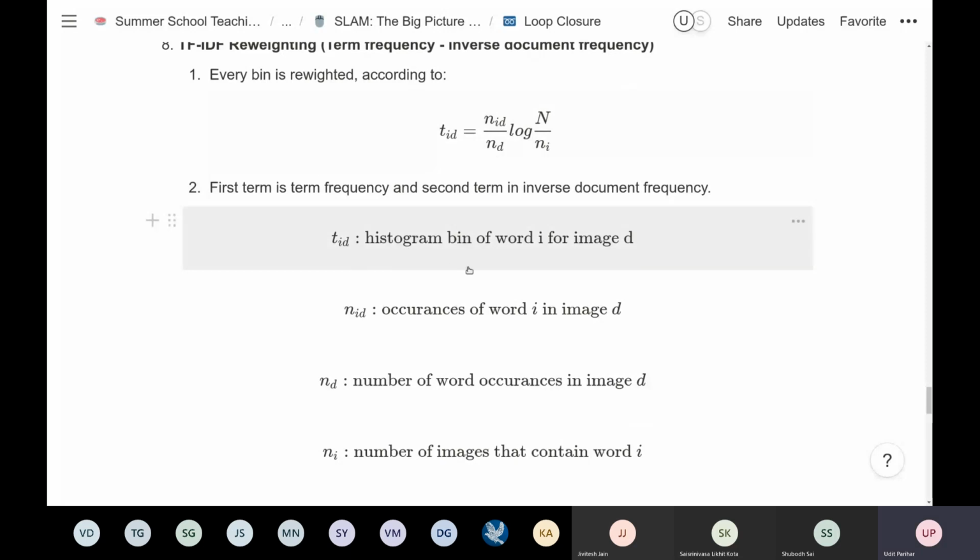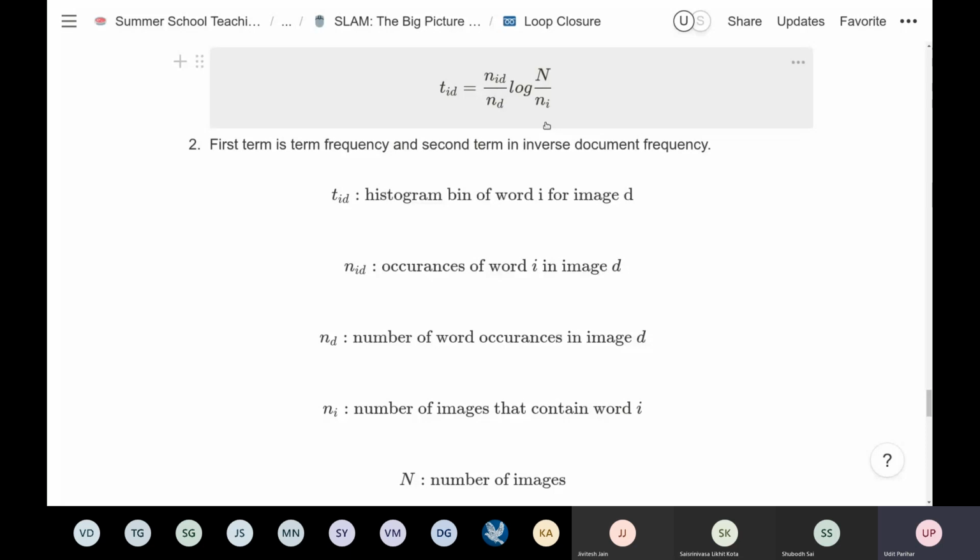So TF-IDF is the histogram bin of word i for image d. Image is d and word is i. nid is the occurrence of word i in image d. nd is the number of word occurrences in image d. I will go through an example to make it more clear. N is the total number of images in your database, and ni is the number of images that contain the word i.